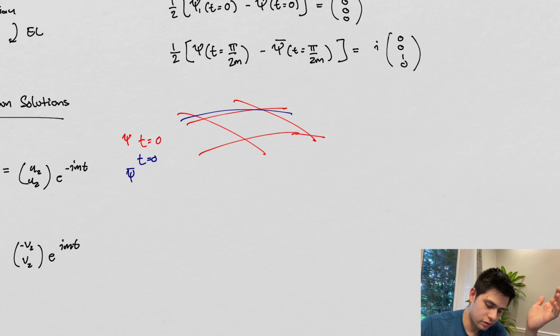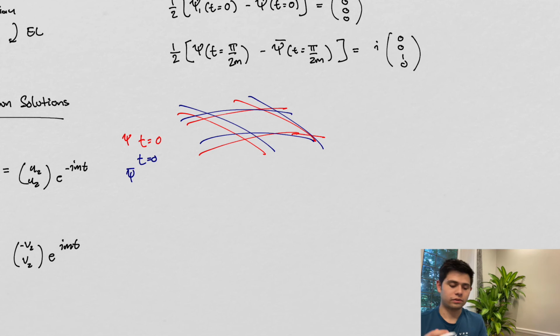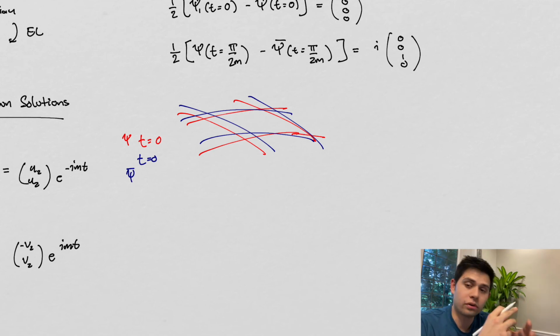We have two fields basically for these solutions. And when we take the difference between these two fields, what we get is a unit vector, right?